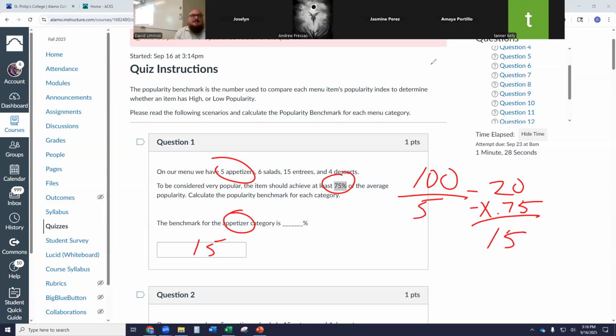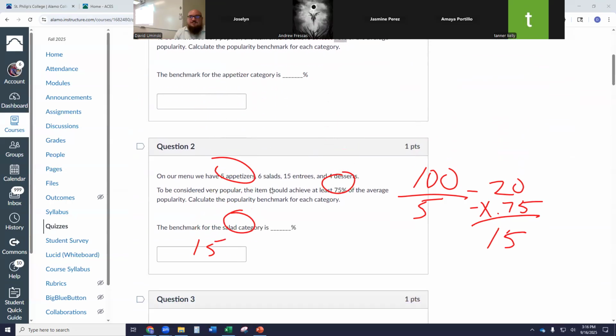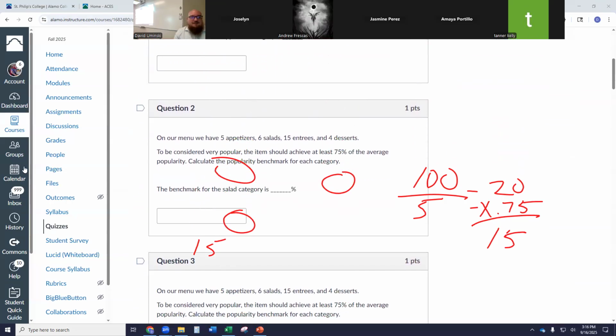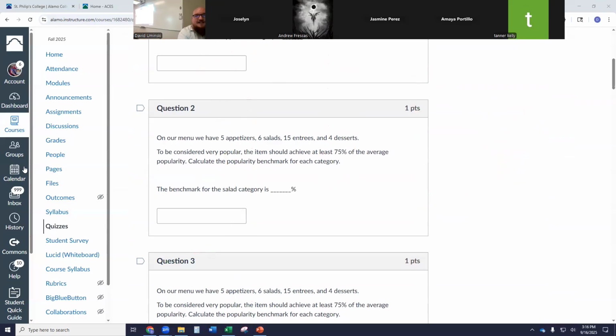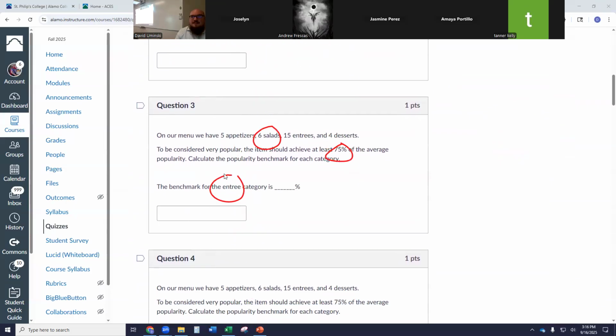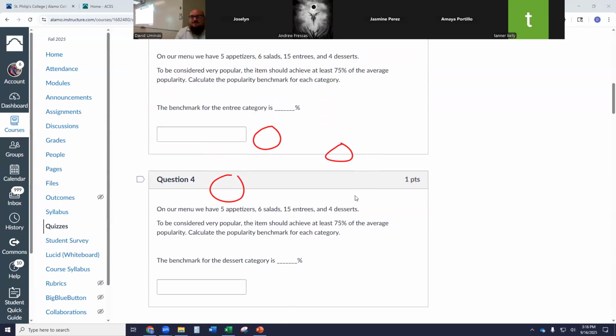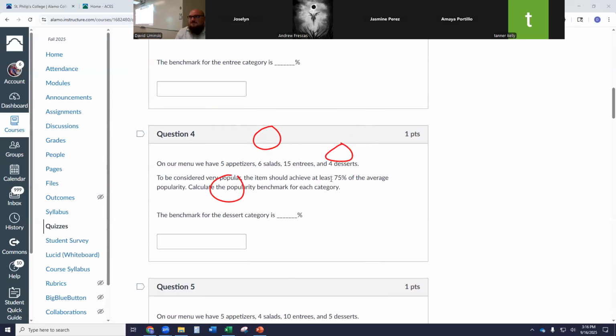Okay. And then you come down to question number 2, and now it's going to ask you about the salads. So same 75 percentage, but we're changing the number of items in each category. This is going to give you a lot of practice doing 100 divided by the menu items times whatever percentage is given. So questions 1, 2, 3, 4: now we have entree and 75%, now we have dessert and 75%.